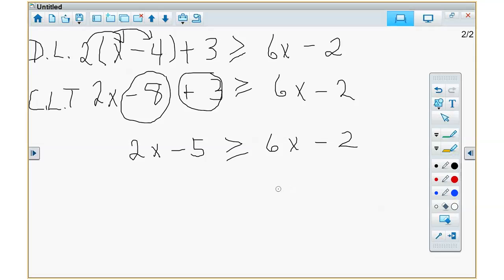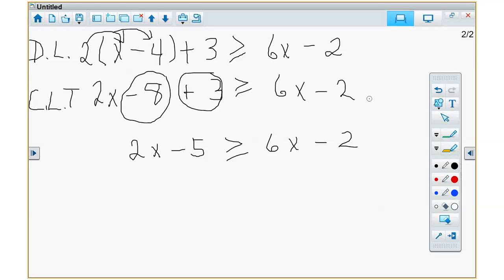Usually we change it by itself, but I added 2 in here this time. Well, you can't do this one yet because it's on the other side.